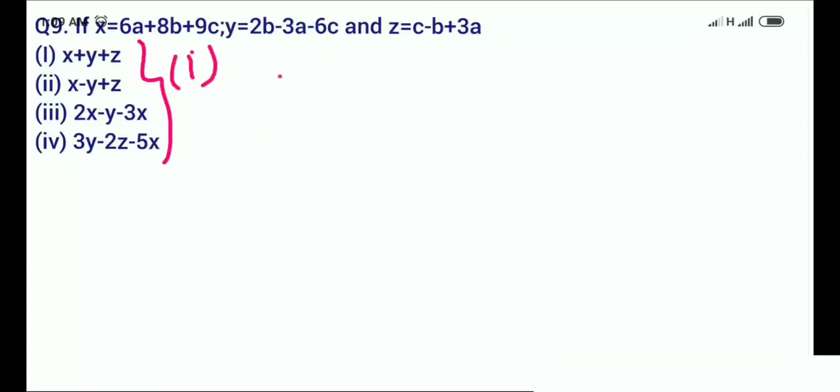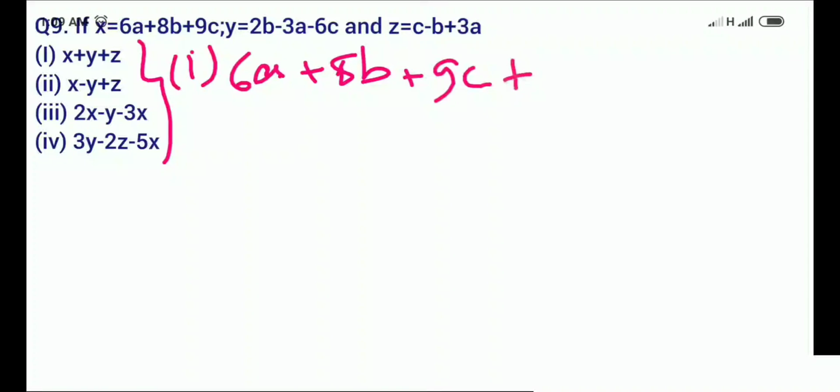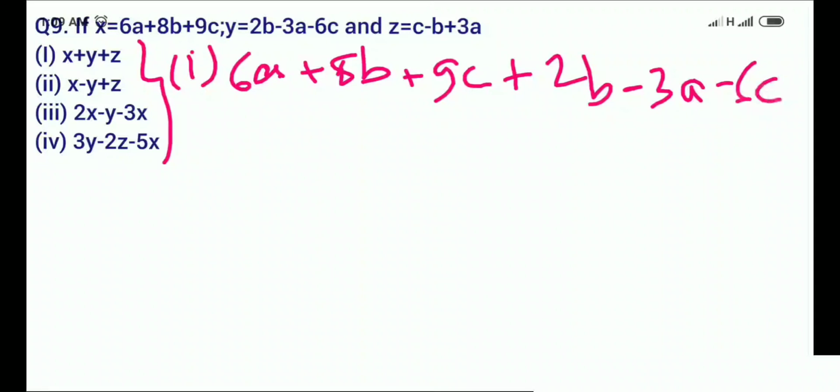So x is equal to 6a plus 8b plus 9c, plus y is equal to 2b minus 3a minus 6c, plus z is equal to c minus b plus 3a.